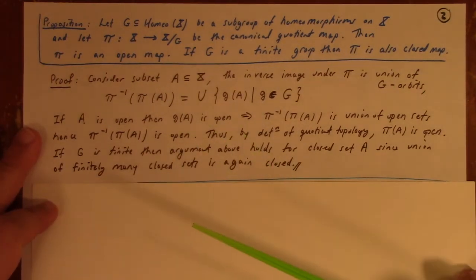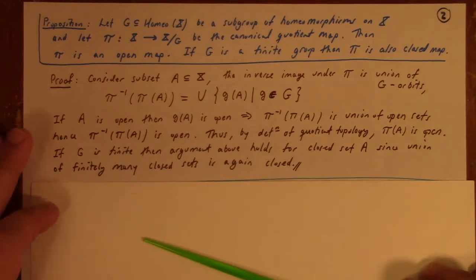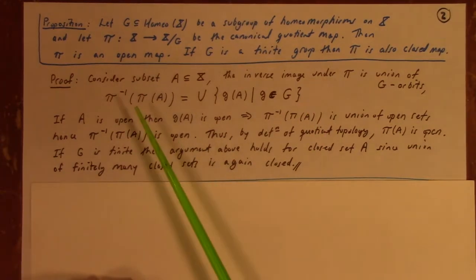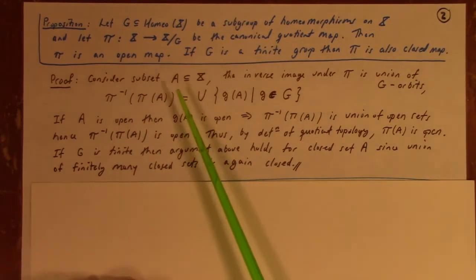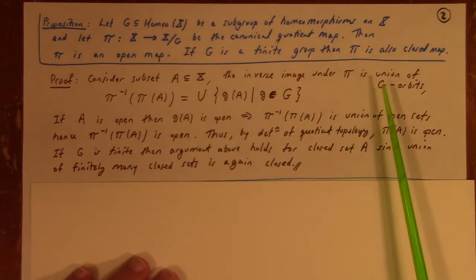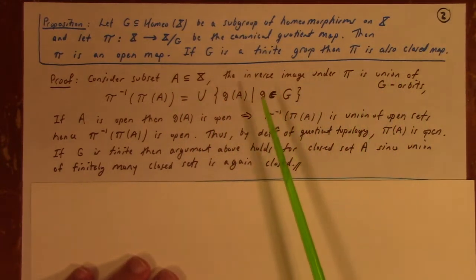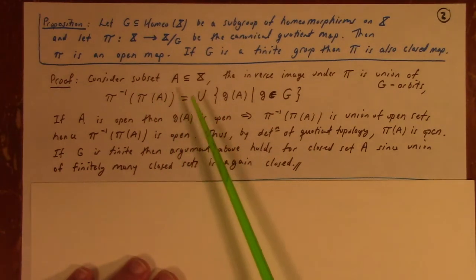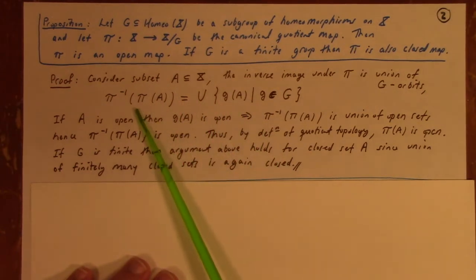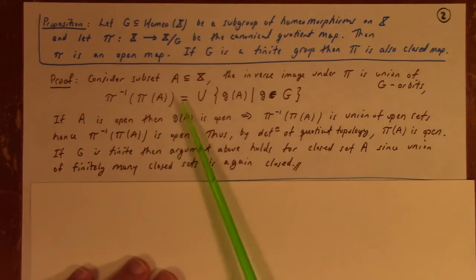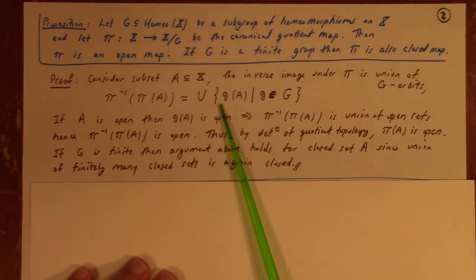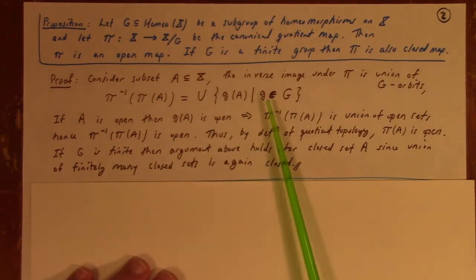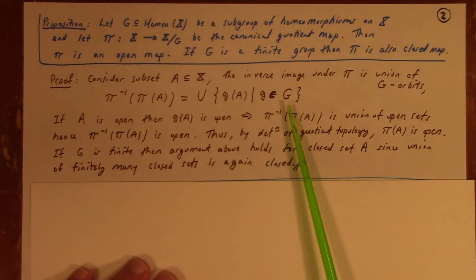It has to do with the definition of quotient topology again here. So let's see here, we take A, a subset of X. The inverse image under pi is the union of G-orbits, which look like this. So pi inverse of pi of A is the union of g(A), where g is a homeomorphism in that group, right?